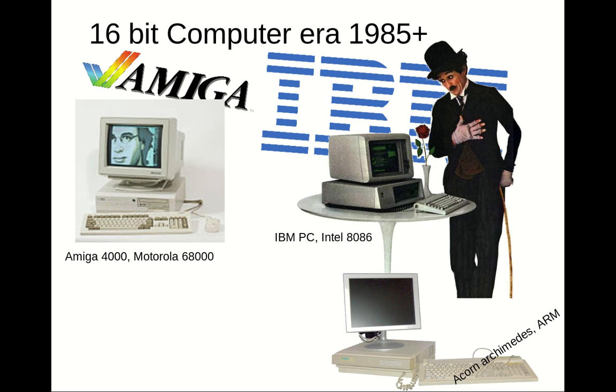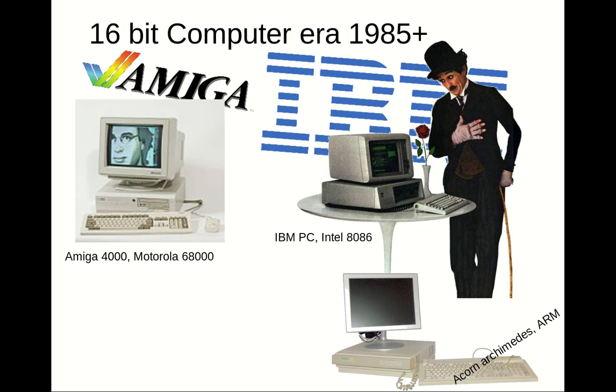IBM came up with the IBM PC, which is the grandfather of all present-day PC computers, and inside was the Intel 8086 16-bit microprocessor that is downward compatible still to nowadays the x86 architecture that's still used in present-day PCs.